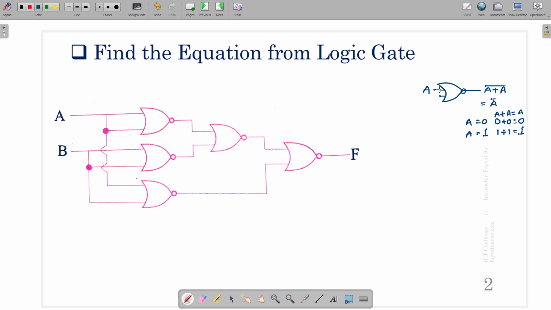We can write like this, because both of the values are the same, so we have to write just one time. We don't need to write A multiple times, right? So here if I input A, also if I input A, because this is the input line and this is a connection point, you will get the result A bar. Simply because A plus A is equal to A, that means A bar is our answer. Clear?